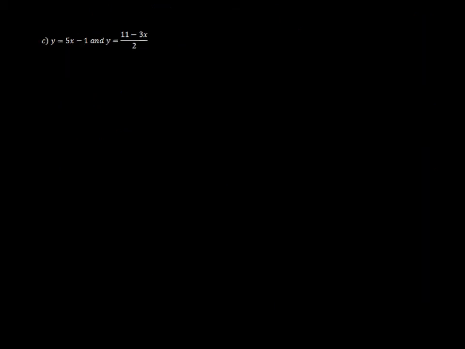Now, moving on to our final example. First thing we needed to do was identify equation 1, equation 2. And I'm just going to sub equation 1 into equation 2.